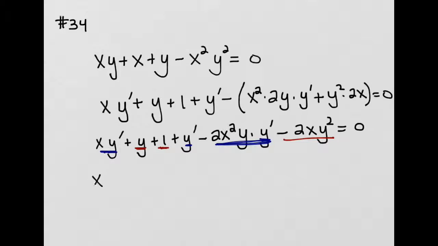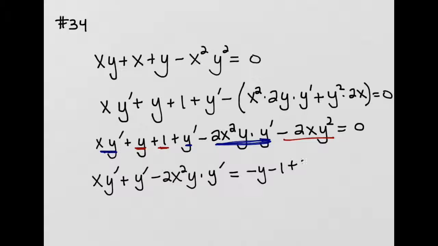So we have x y prime, plus y prime, minus 2x squared y times y prime equals, and now when I move all the other terms to the opposite side, they'll be opposite in sign of what they were. So it's minus y minus 1 plus 2xy squared.